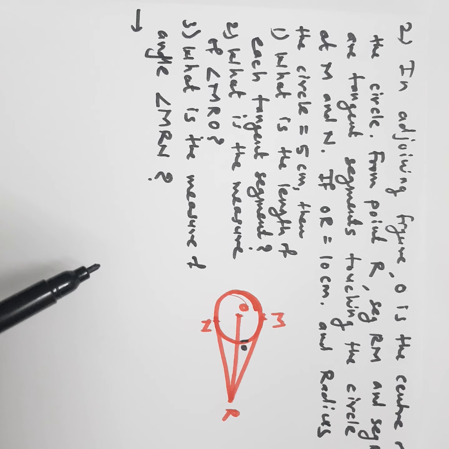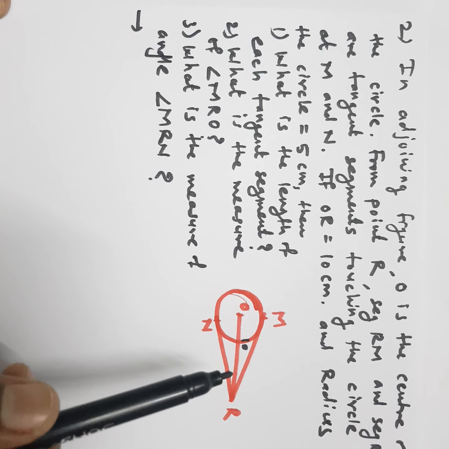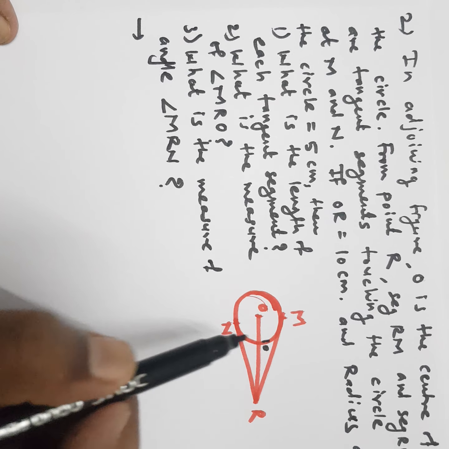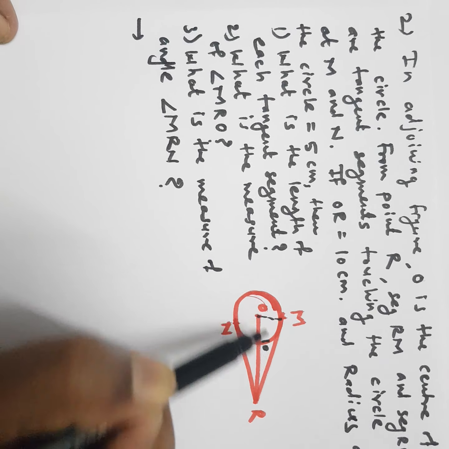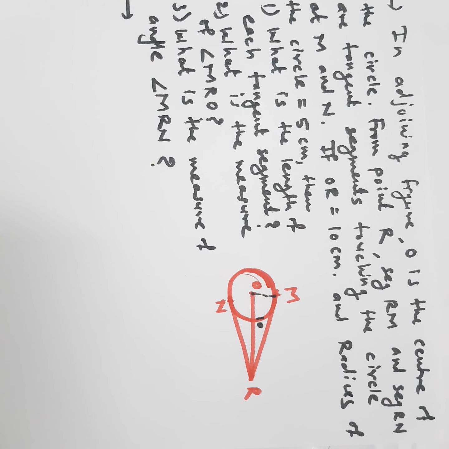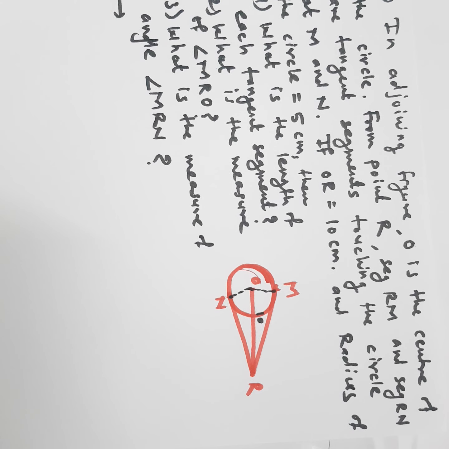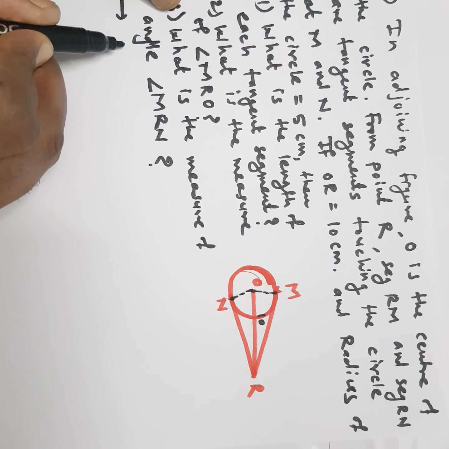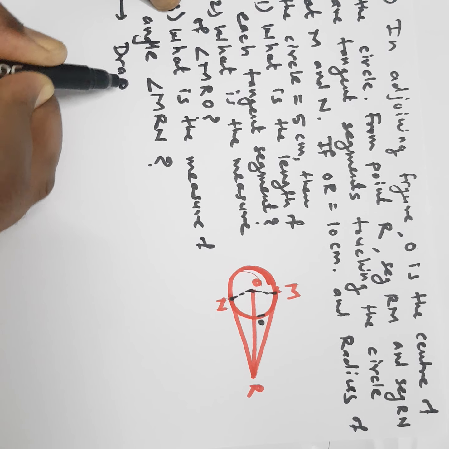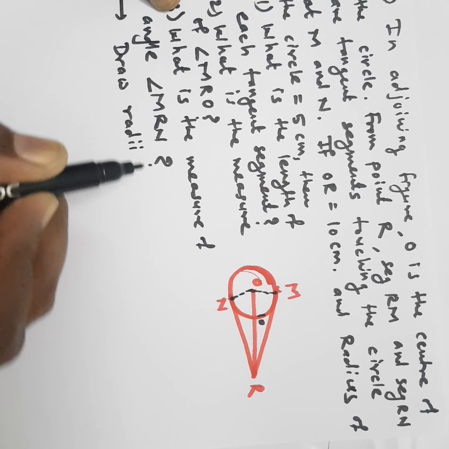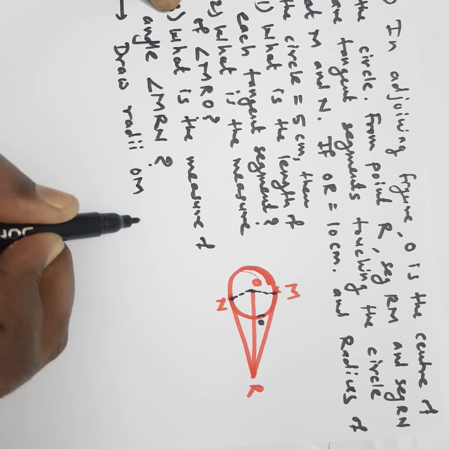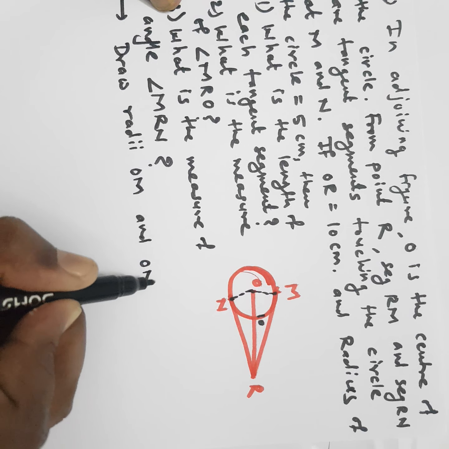First we have to find the length of each tangent segment. First we will draw the radii OM and ON. Now these two radii are perpendicular to the tangent segments.